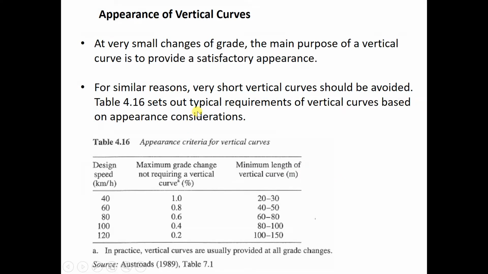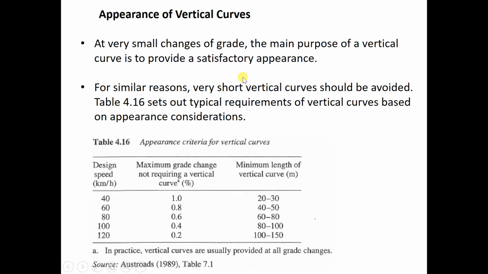A vertical curve is used at a very small change of grade. The main purpose of the vertical curve is to provide satisfactory appearance. Because there's a vertical intersection point, we need to join the two tangents.